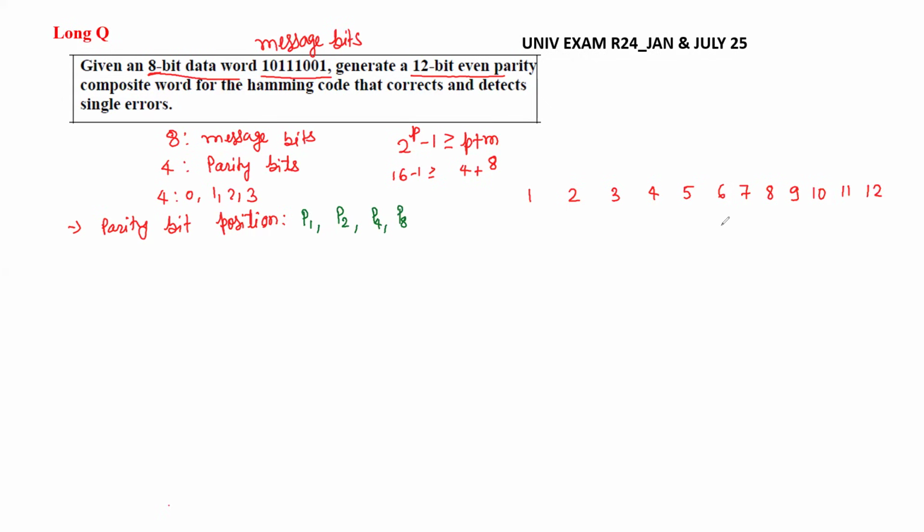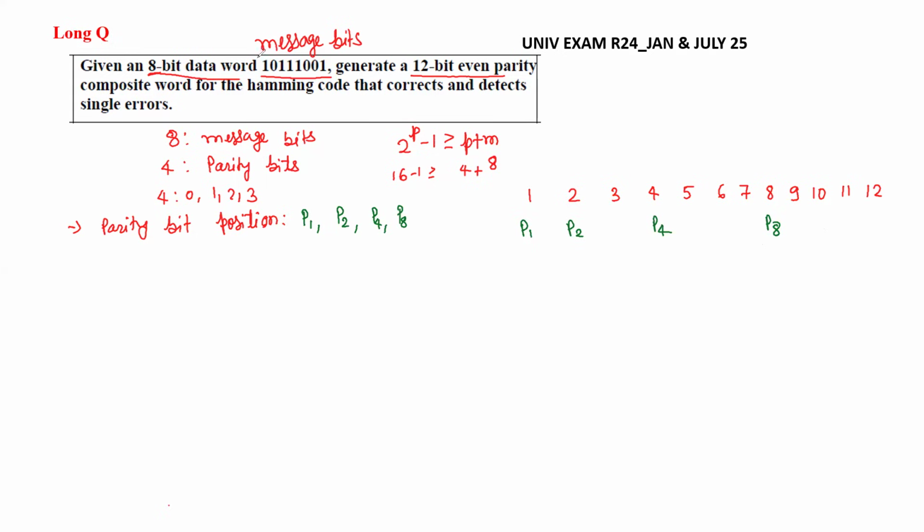These are the positions. The positions of the parity bits are here P1, this is P2, next is P4, next is P8. Remaining are the positions of the message bits.